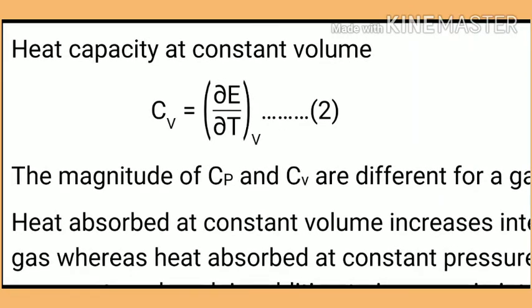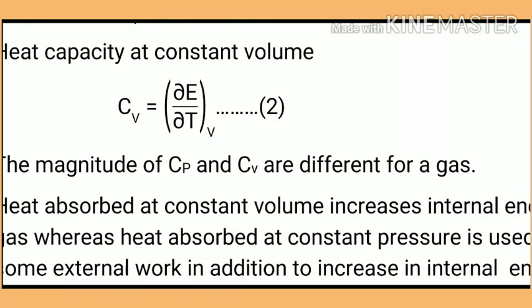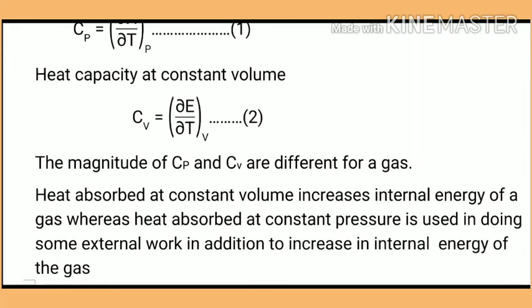The magnitudes of Cp and Cv are different for a gas. The values of Cp and Cv are different for a gaseous material, and they may be equal for solids and liquids, but for water Cp and Cv are different.